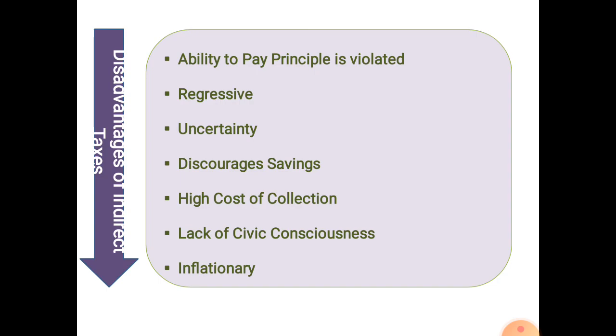How does it discourage? These indirect taxes are included in the selling price of the commodities. Hence, the people have to spend more on the purchases of the goods. It will automatically affect the savings of the people.